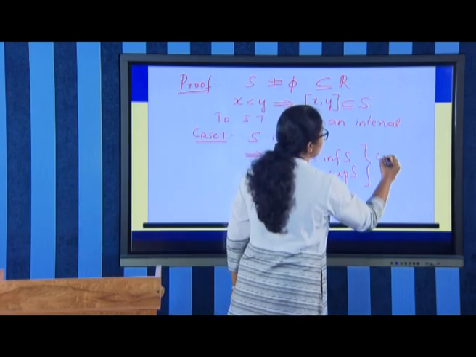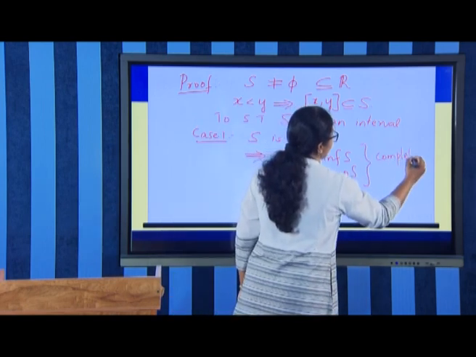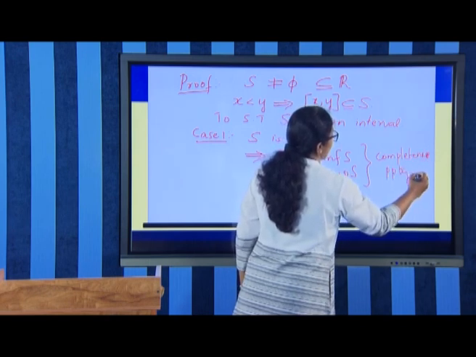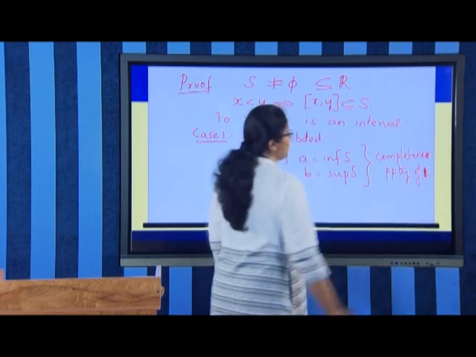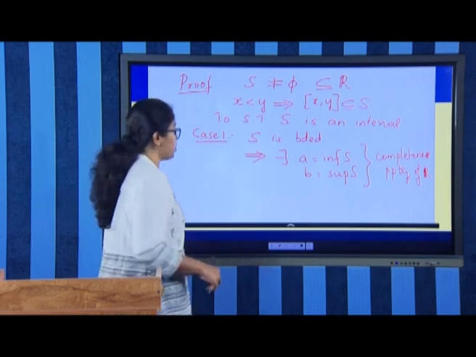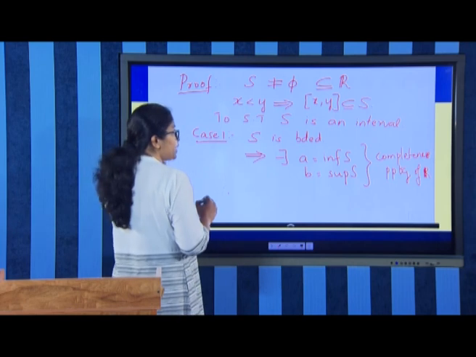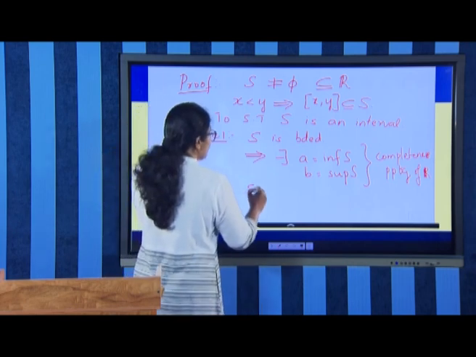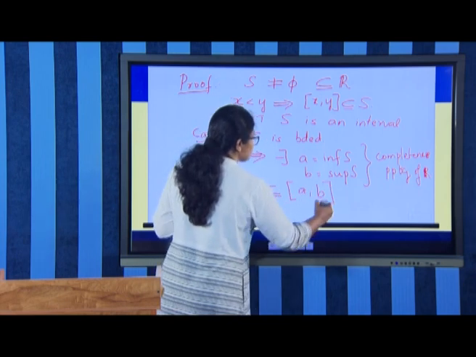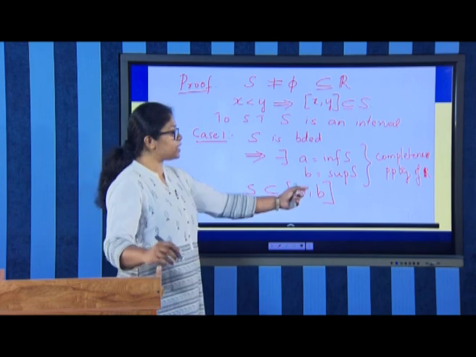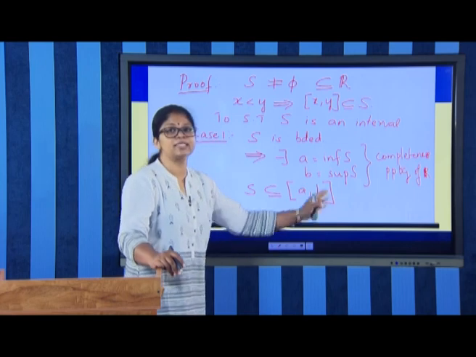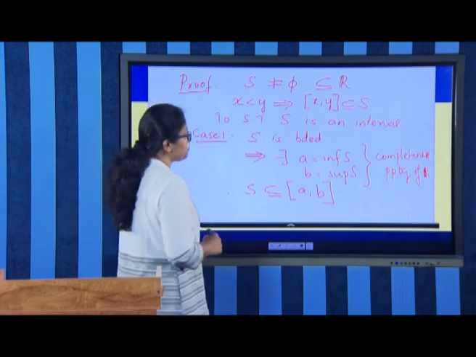It follows from the completeness property of R. Therefore, S is fully contained inside the closed interval [A, B], because every element of S is bounded above by B and below by A.